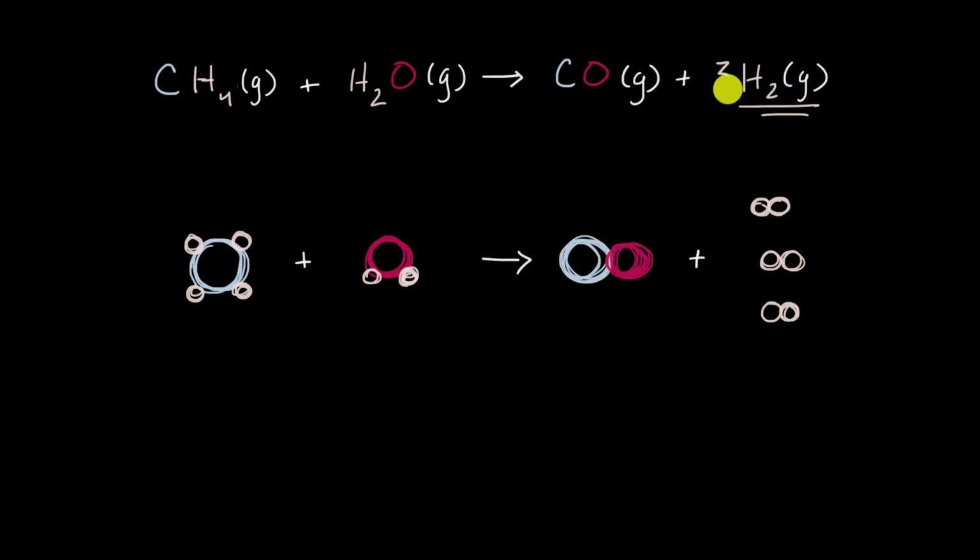We have 3 molecules of hydrogen. And what I have just done is balance the chemical equation. It's just making sure that we have a conservation of mass, that we don't have constituent atoms on the left-hand side that somehow disappear on the right-hand side, or we don't have constituent atoms that somehow appear on the right-hand side without ever being input into the reaction.